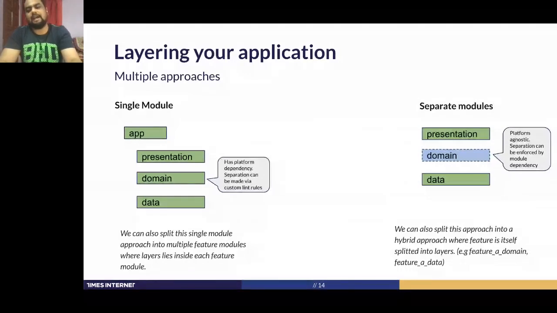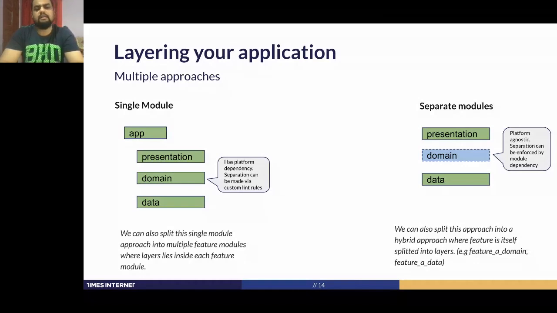Now, we can also have some hybrid approach. If we define a single module approach where we have an app at the top, and it divides the entire application into presentation, domain, and data, then since the app is basically an Android module, the separation can only be made by custom lint rules. We can't have module segregation here, where domain would be completely platform agnostic.